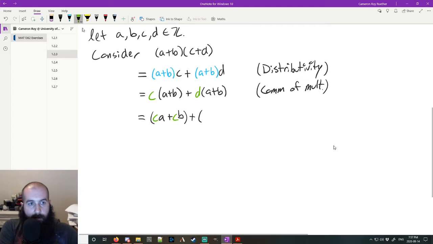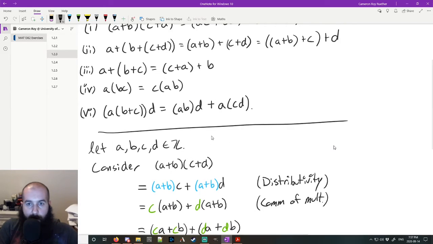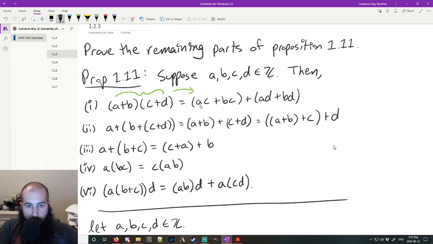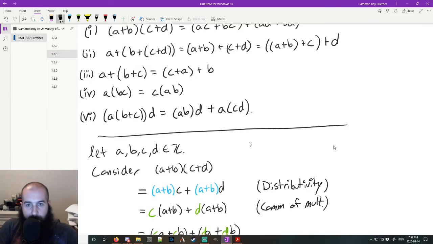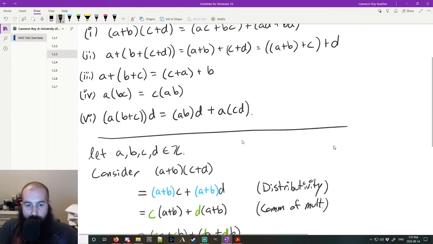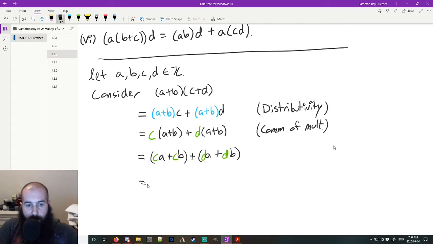And we'll get d times a plus d times b. And if we check what we're aiming for, we want ac plus bc. So those are just out of order. And we want ad plus bd. So these are also out of order. So we can just, sorry, this was distributivity.